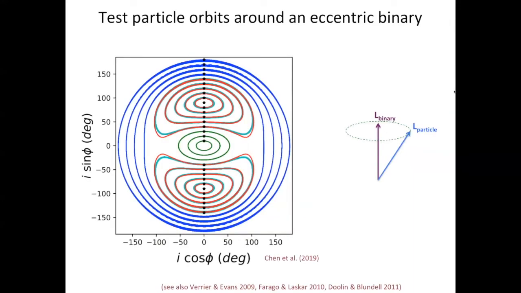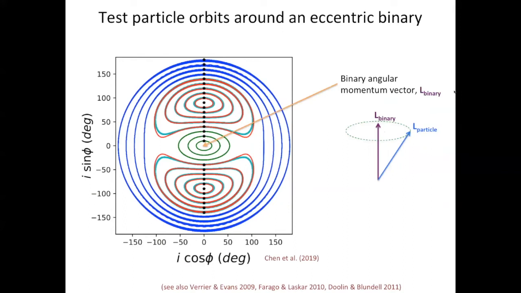So going back to the test particle orbits, and now considering an eccentric orbit binary. The test particle orbits are now much more complex. The diagram on the left again shows this phase diagram where the distance from the origin is the inclination of the particle. So for low inclination orbits, shown by the green lines, the precession is again about the binary angular momentum vector, which in this diagram is at the origin.